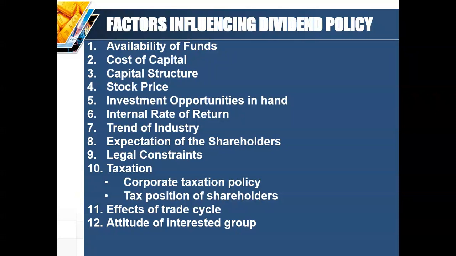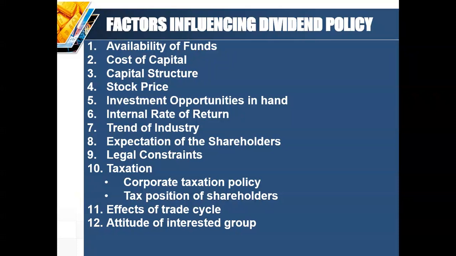Under the existing provisions of section 10 subsection 34 of the Act, dividend which suffers DDT under section 115O is exempt in the hands of the shareholders. So the taxation policy will also influence the dividend policy. The taxation under the Income Tax Act 1961 will also be an impact factor for the dividend policy.